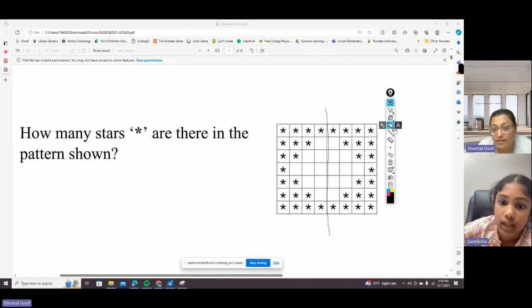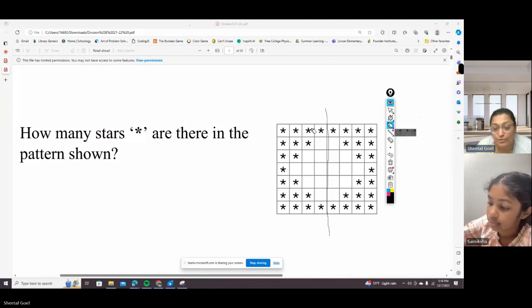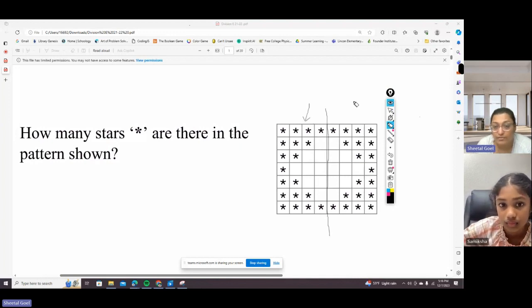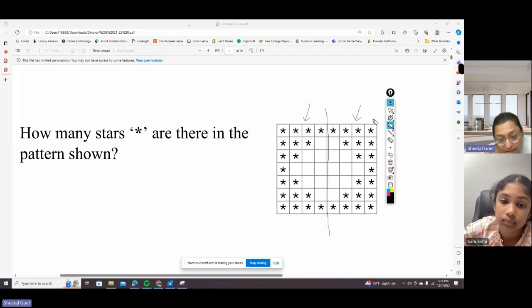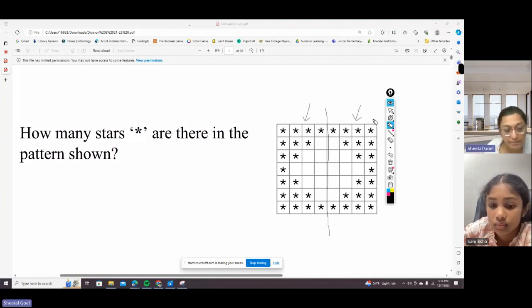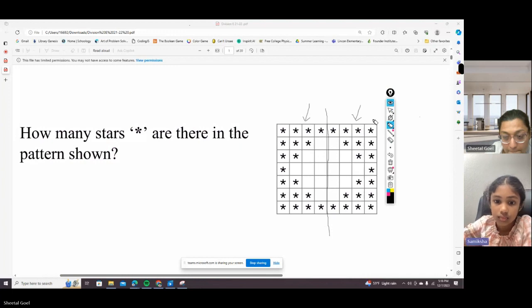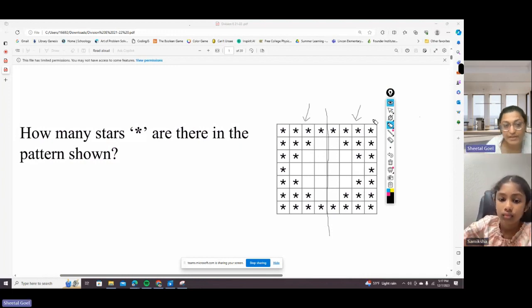You know what a mirror image is? So that means our answer has to be an even number.